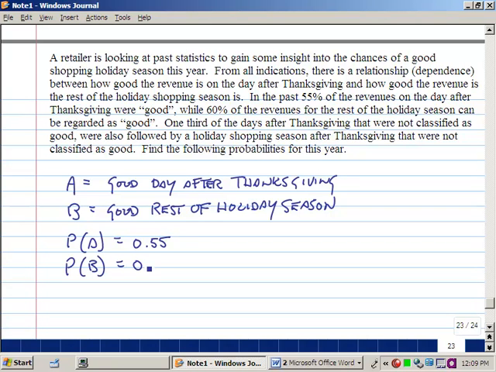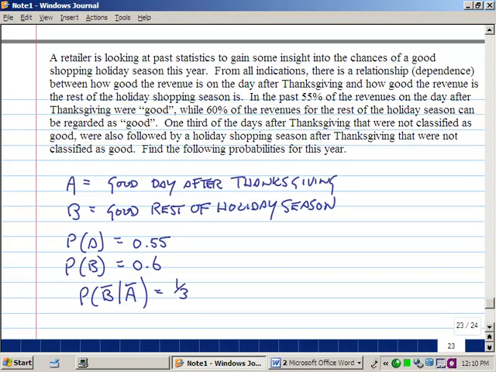So B is 0.6. One third of the days after Thanksgiving that were not classified as good were also followed by a rest of the holiday shopping season that was not classified as good. So the probability that the rest of the days are not good, given that we had a not good day after Thanksgiving, is 1/3.